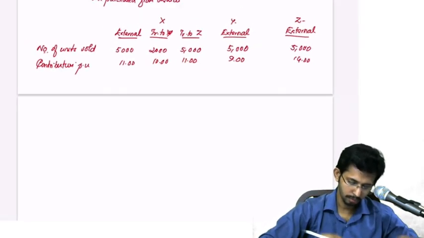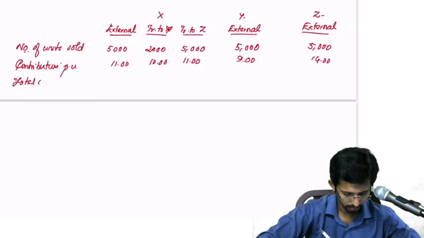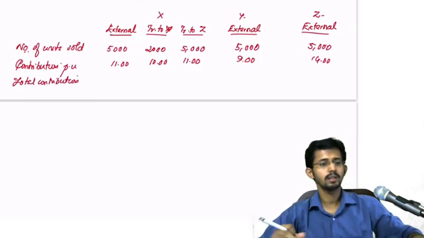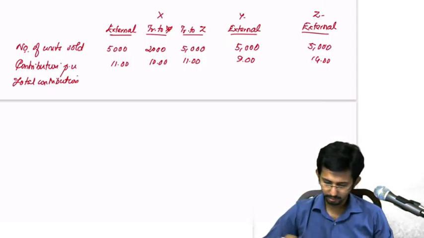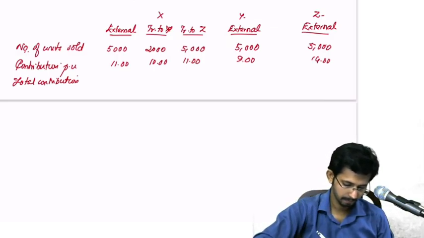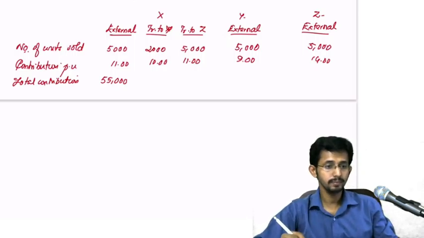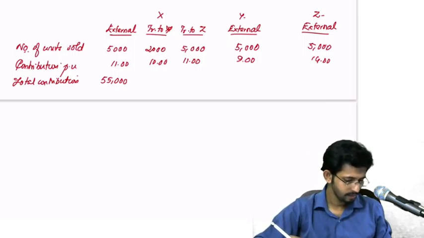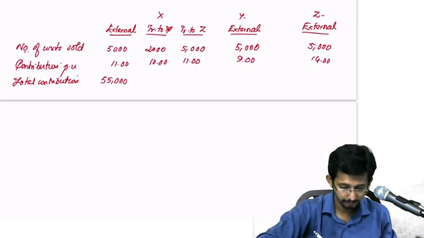So total contribution, total contribution will be how much? 5,000 into 11, 55,000. Okay, then 2,000 into 10 will be 20,000.